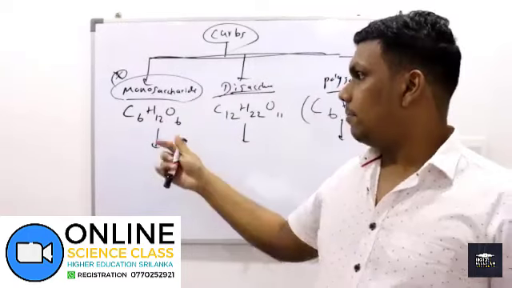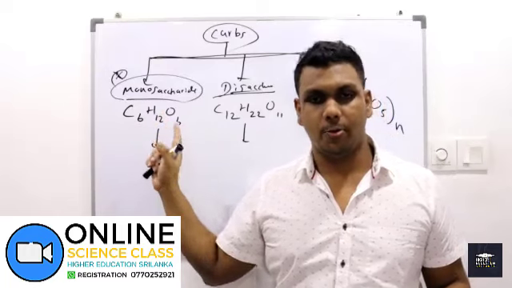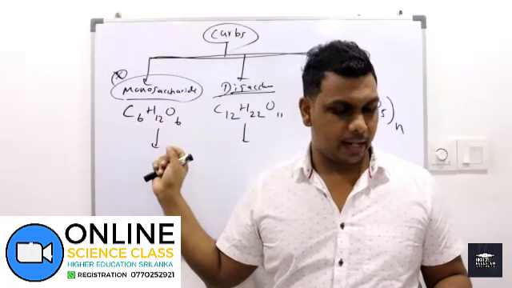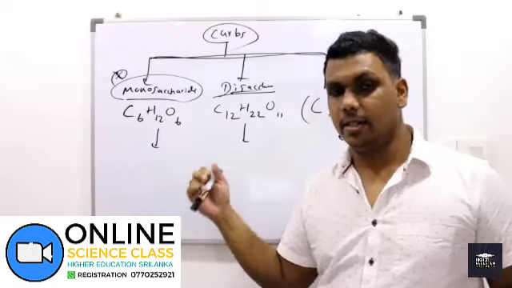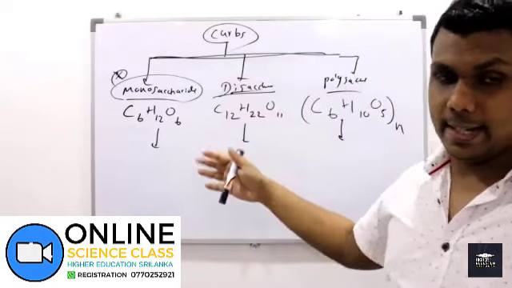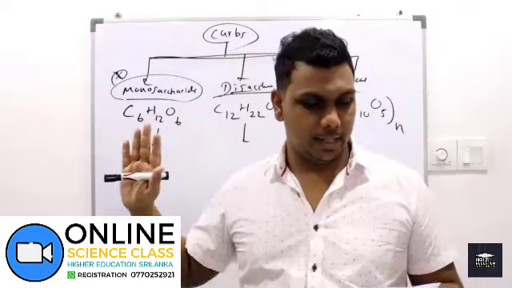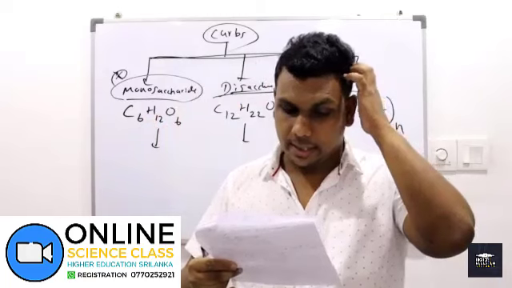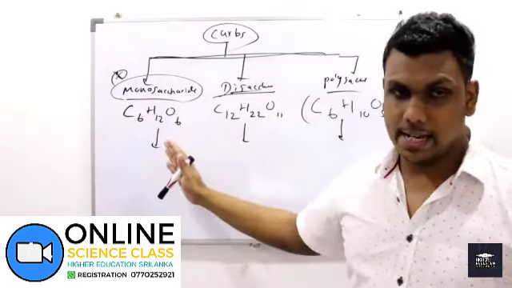Under monosaccharide you have written the formula, and under that we are now writing the examples for all three categorized groups. They are in your textbook. Monosaccharides are simple sugars, the structural unit of carbohydrates.